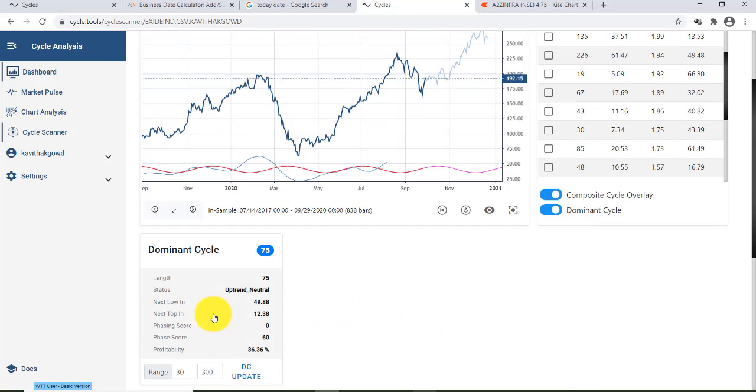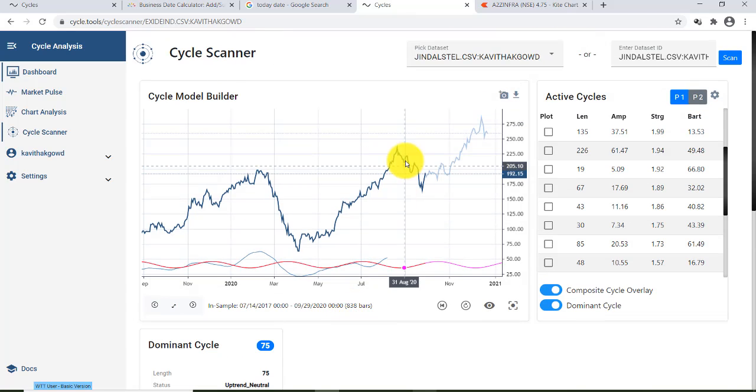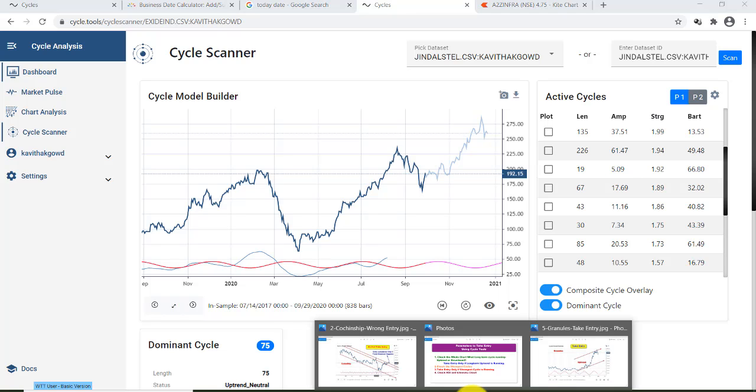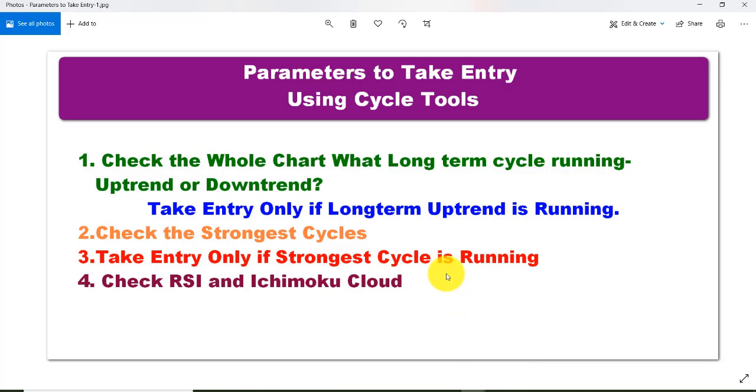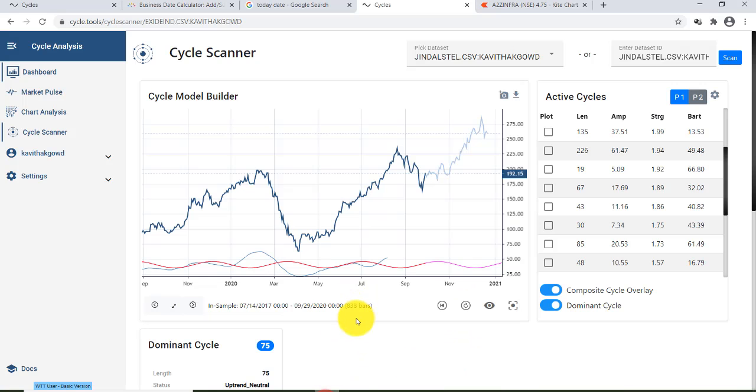So in both scenarios, when the cycle showed a bottom is about to happen or a top is about to happen, in both scenarios the price moved upward only. So this is the benefit of taking entry in long term upward cycles, and when the cycle is strongest, then we should consider an entry.